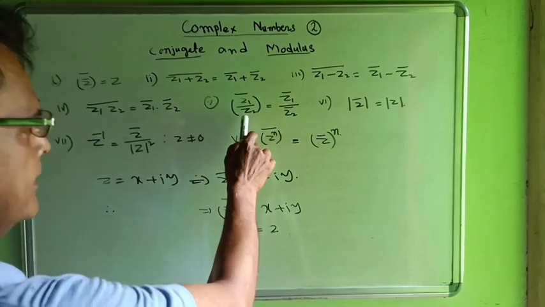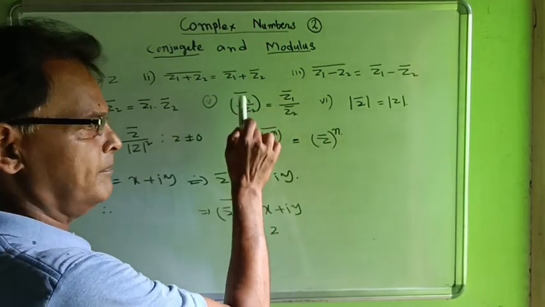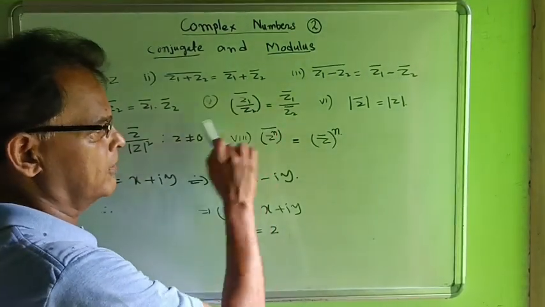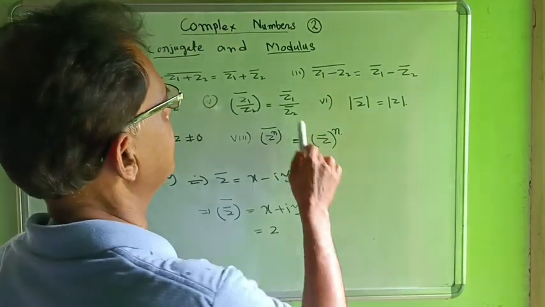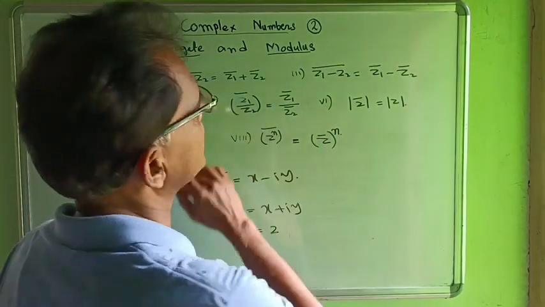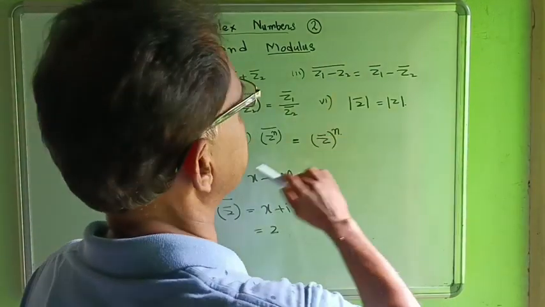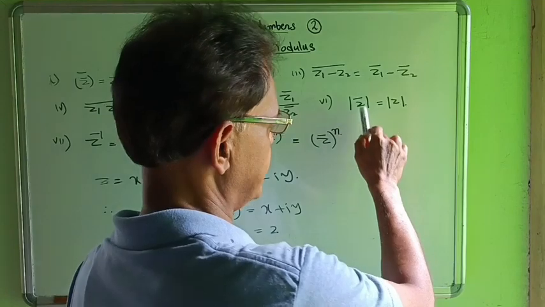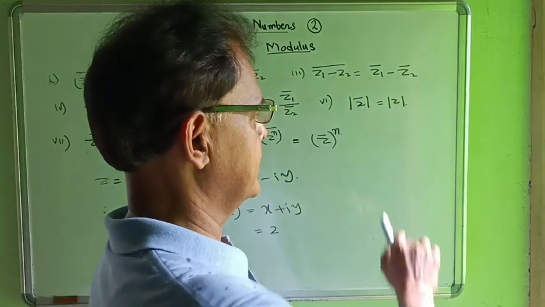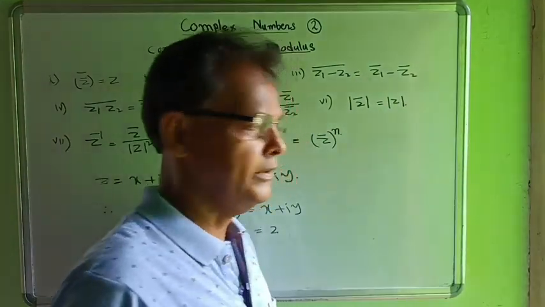Similarly in case of division also, z1 by z2 whole bar equals z1 bar divided by z2 bar, where z2 is not equal to 0. And property number 6, modulus of z bar is equal to modulus of z.